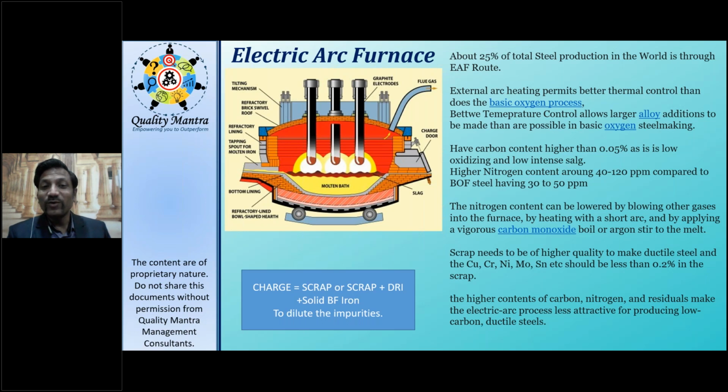Yesterday only we learned what you can add in the metal. What will you add at the most? You cannot add impurities, no? So you have to add either metal scrap, around 20%, or you can add DRI. Okay, or you can add a pure form of pelletized iron ore. Yesterday we saw, no, in the basic oxygen process.